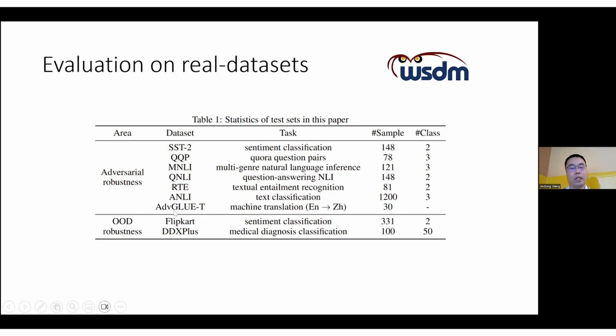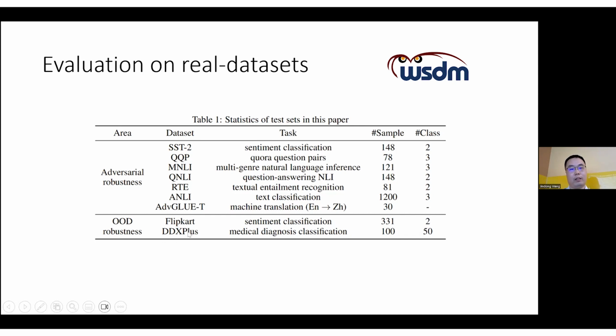So we manipulate the ADV glue to generate a new test set called ADV glue T. T means translation. It's a machine translation task which translates from English to Chinese, because none of us knows other languages other than English. So we just test the performance from the ADV text to the Chinese text. So it's basically the adversarial robustness.